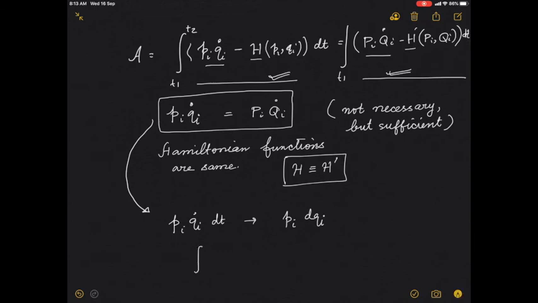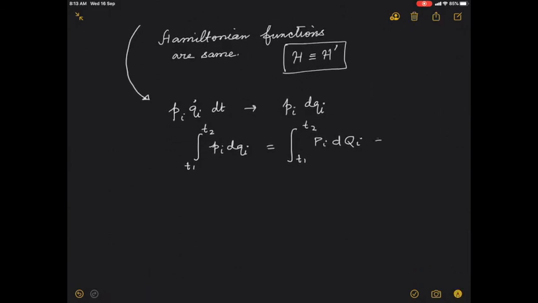What is conserved, if you look more carefully, is this integral from t1 to t2 of Pi dQi. This is conserved, which means that when I write it in terms of the transformed coordinates, this equals that.